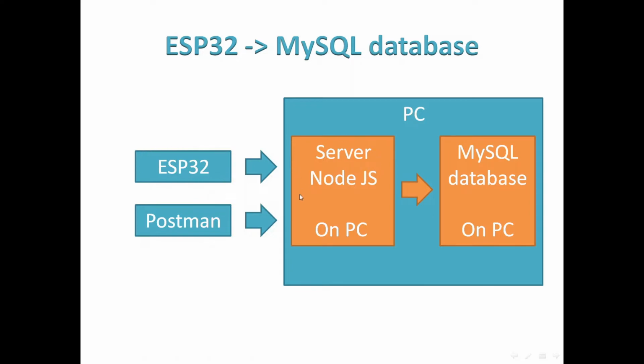We set up the Node.js server and set up the MySQL database on the PC. In this video, we will try to check by means of Postman the complete way to post data from Postman with REST post command to the Node.js middleware server and to MySQL database.